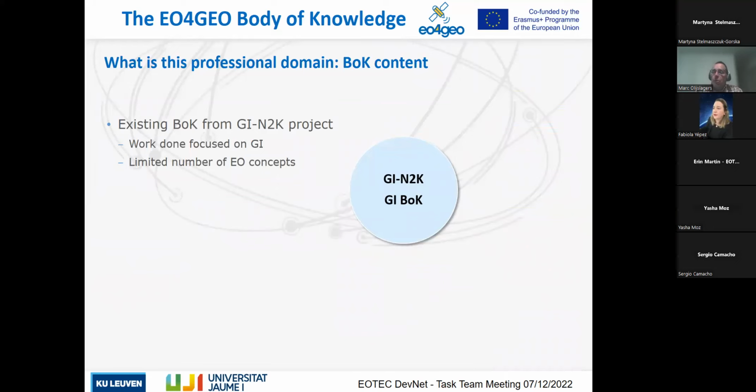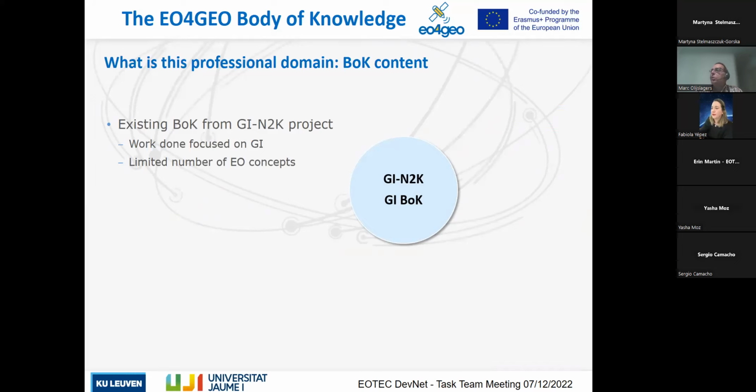The EO4GEO body of knowledge is built on a previous project, GI Need to Know, that only described the geographical information part. So that part of the body of knowledge from that project was reviewed and expanded.